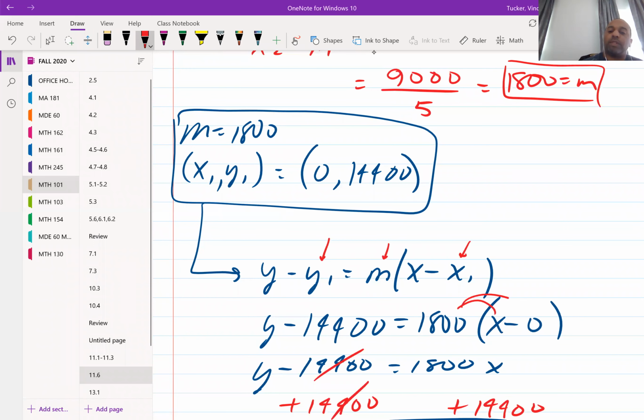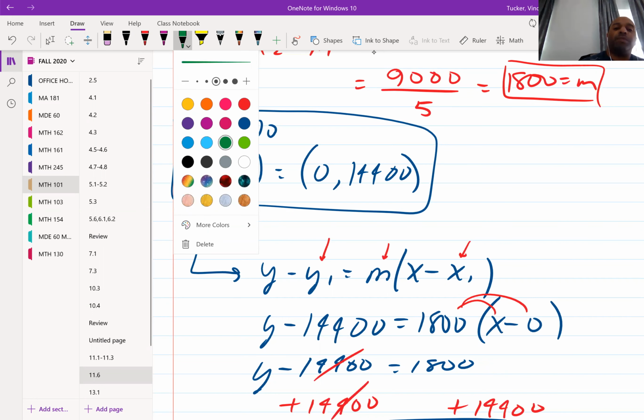Distribute this 1,800, and of course that 0 back there would just be 0.